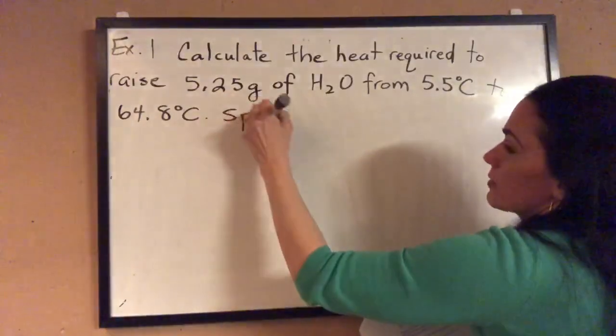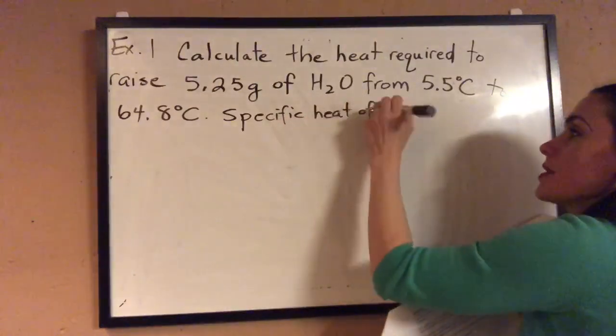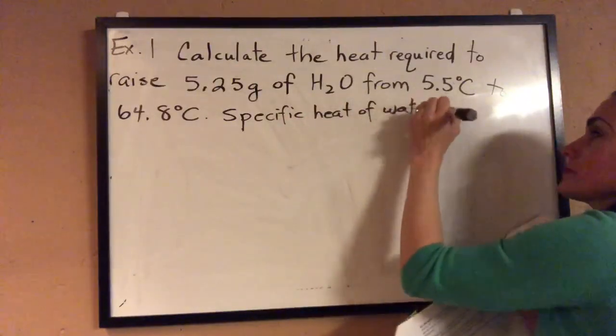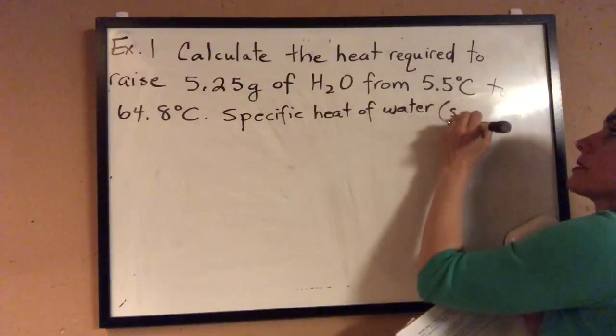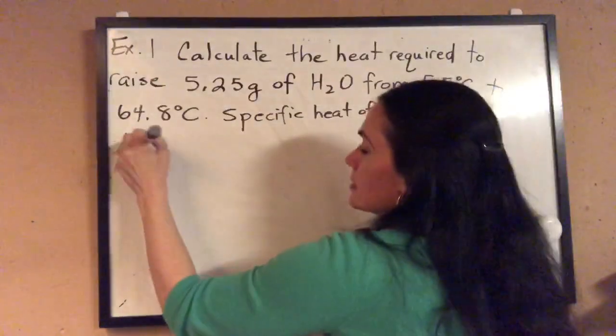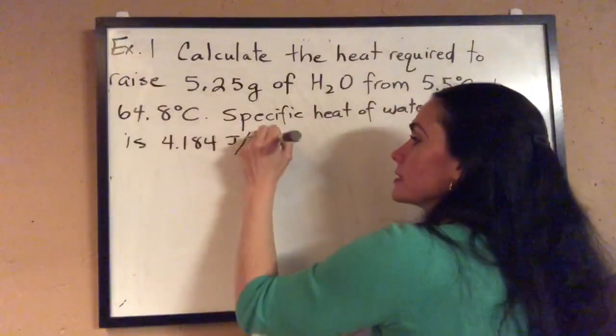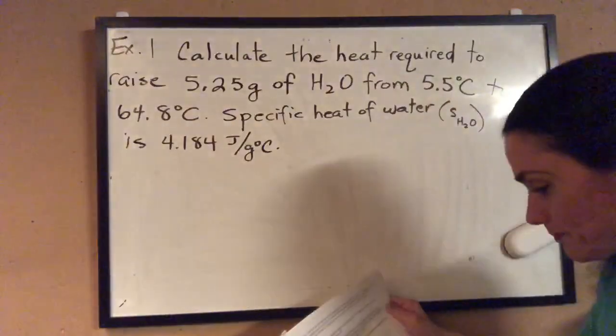The specific heat of water, which you may see as S subscript H2O, is 4.184 joules over grams times degrees Celsius.